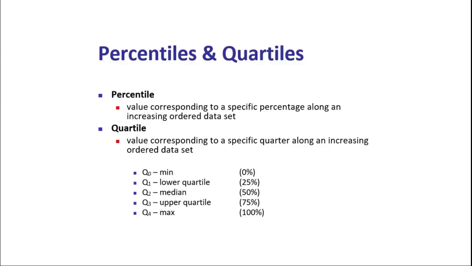Q1 is the lower quartile, 25% of the way along the data set. Q2 is equivalent to the median, halfway along. Q3 is the upper quartile, 75% along. And Q4 is 100% along the data set, in other words, the maximum value. Quite easy to apply, and SPSS will actually do this for you. It's pretty good.